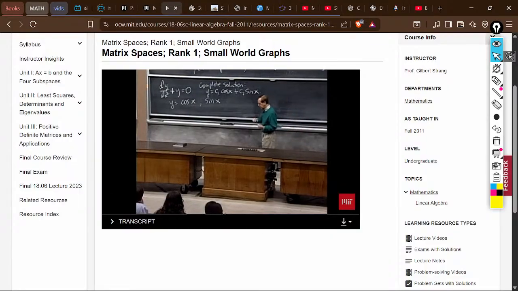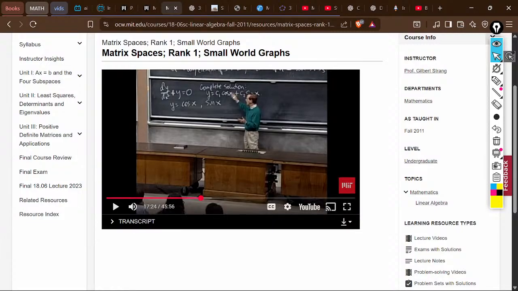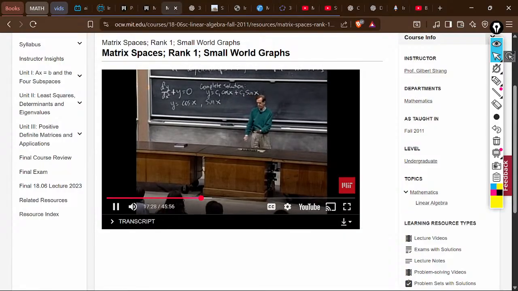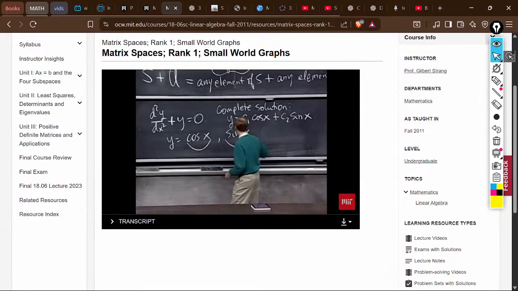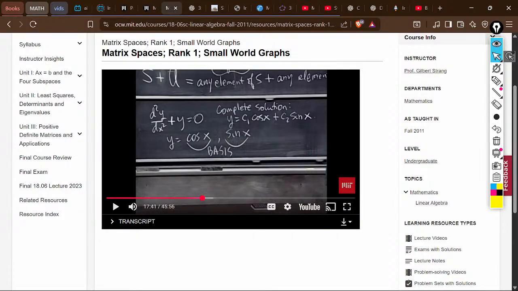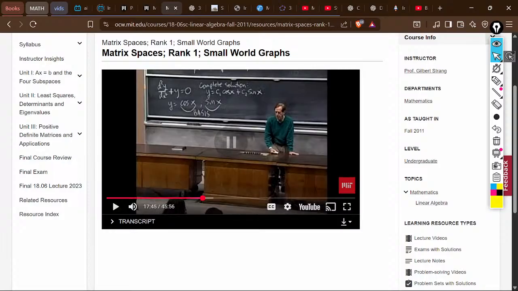A basis means all the vectors in the space are combinations of these basis vectors. Well, this is a basis. Sin x, cos x, there is a basis. Those two. We have special solutions to Ax equals 0, and those will be the basis.